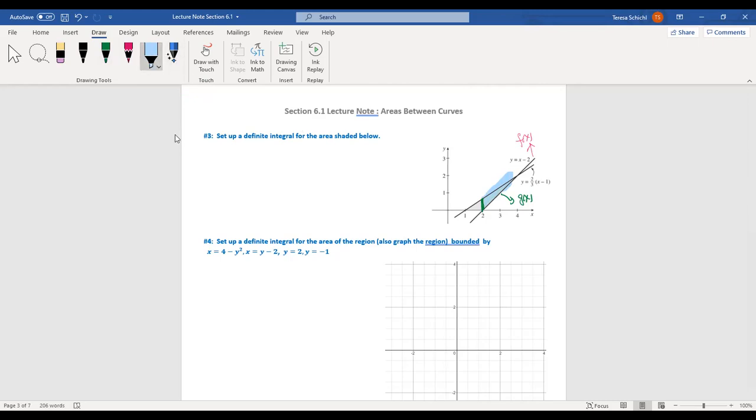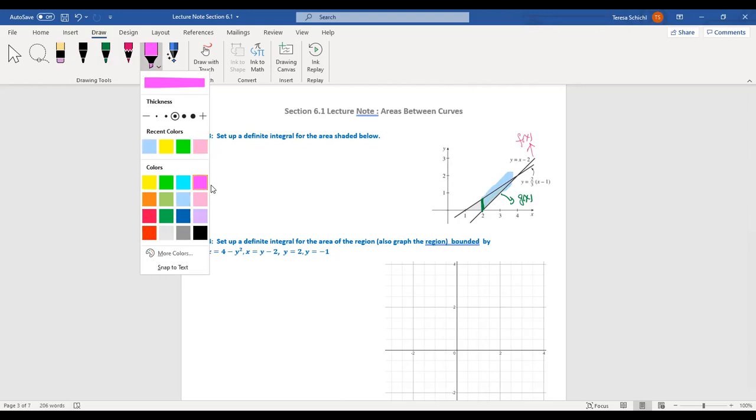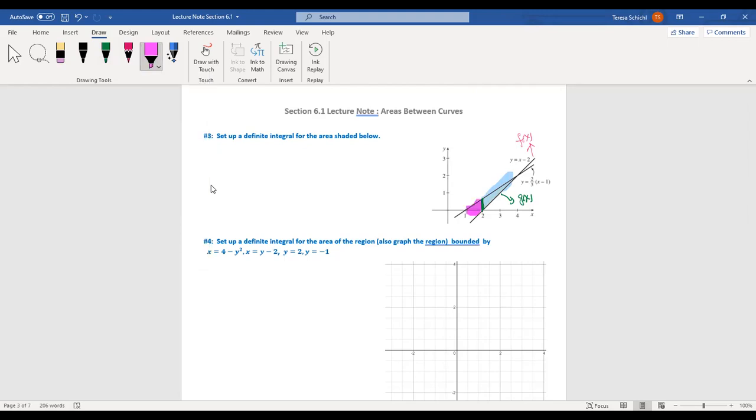But for these little pieces here, the region is not bounded by g of x, it's bounded by the x-axis. So you cannot in general just write f of x minus g of x. You need to divide it into two regions if you want to integrate with respect to x.